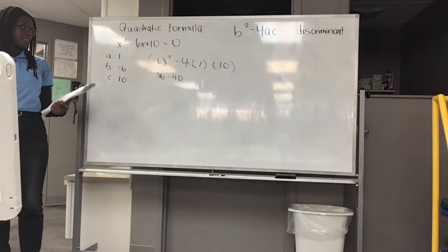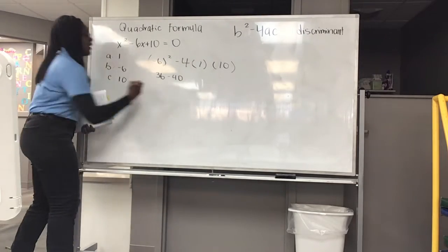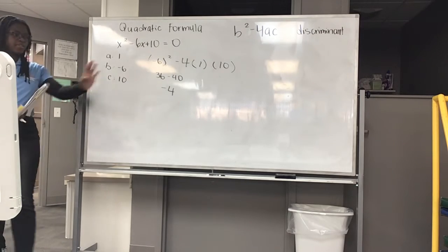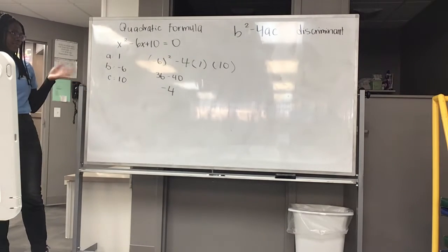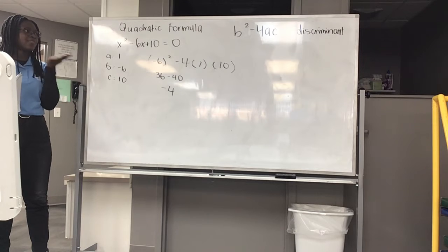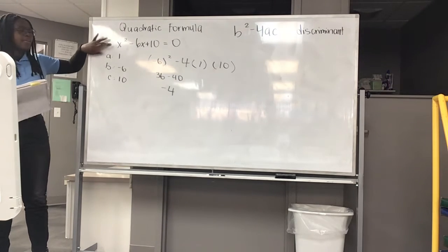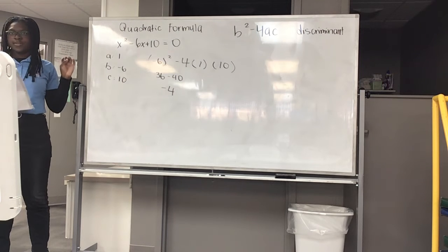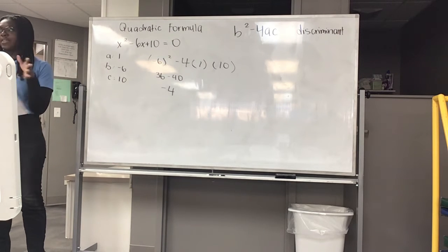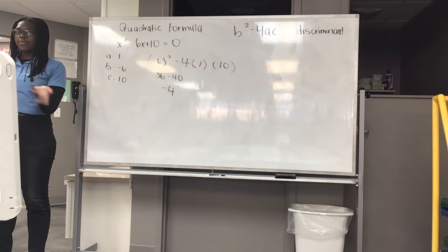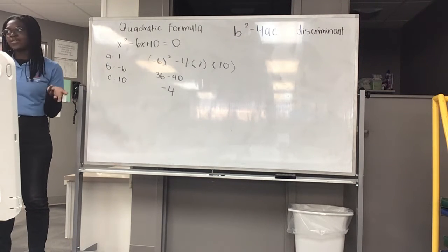So 36 minus 40 ends up being negative 4. That's my discriminant. If you look in your math packet, because my b squared minus 4ac is less than 0, it's a negative number, what does that mean? 2 imaginary. Yeah. So that could be one of your answers on the ACT. It'll say no real roots, or it could say 2 imaginary roots.